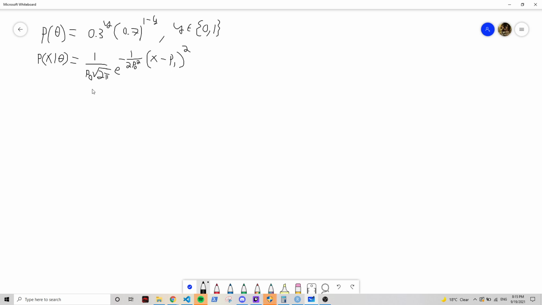But these p0 and p1 things actually depend on the values of our parameter theta, because this is a dependent random variable. So for the mean, I'm going to define p1 as 3 if our Bernoulli random variable equals 0, and 5 otherwise, or when it equals 1.